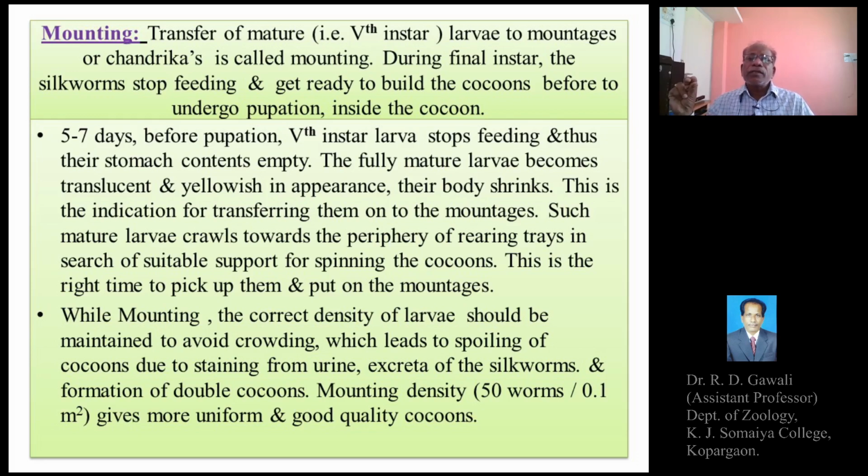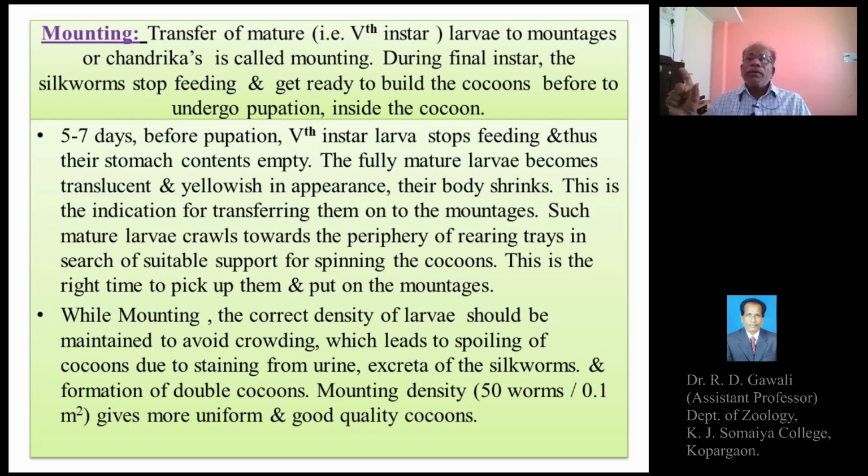Its body shrinks and shows wrinkles on the surface, and this is the indication to the sericulturist for transferring them onto the mountages. Such mature larvae are sluggish, inactive, and stop feeding, and due to lack of feeding the entire gut or alimentary canal becomes emptied, so stomach contents are released or removed.